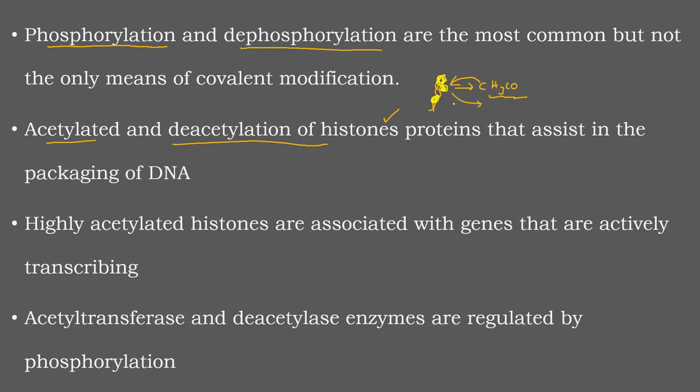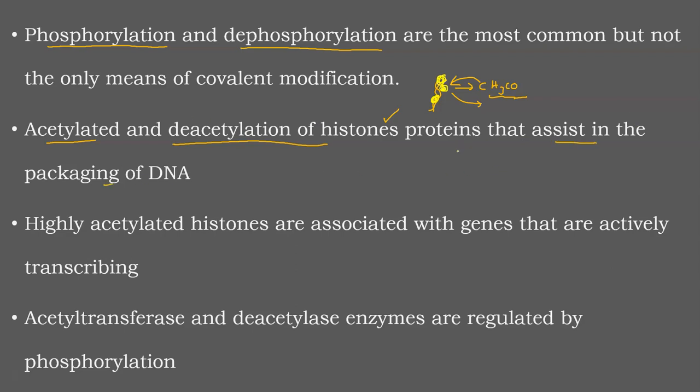These acetyl groups can be removed, and this is also an example of covalent modification. This covalent modification, that means acetylation and deacetylation, assists in the packaging of the DNA.